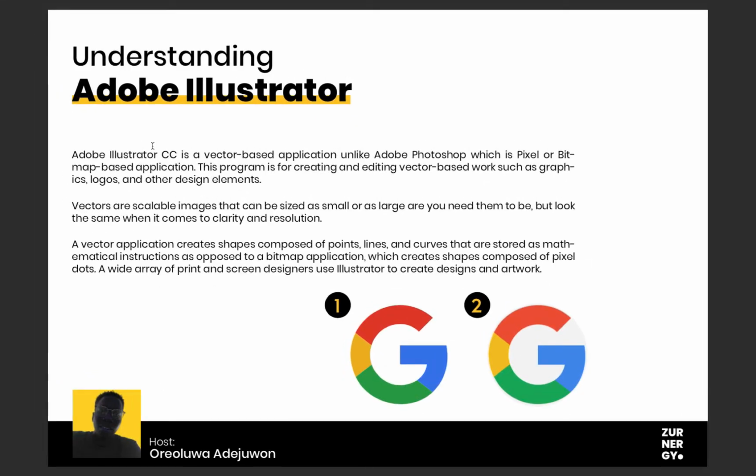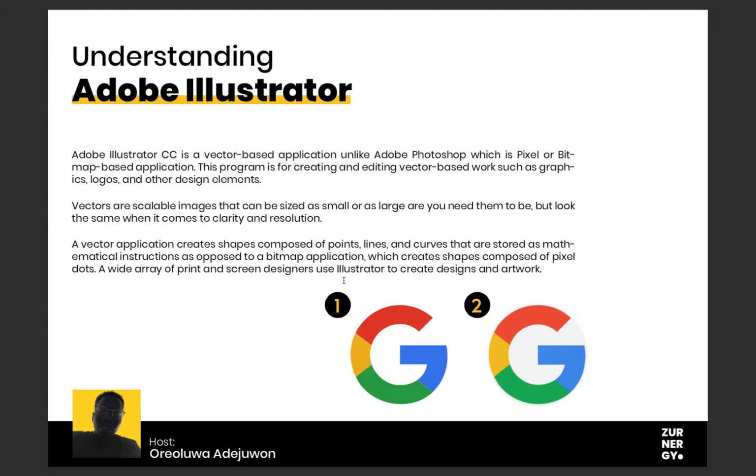So Adobe Illustrator is vector based, like I said earlier, and Photoshop is pixel based software. Vectors are scalable images, as I just illustrated, and can be sized as small or as large as you need them to be.